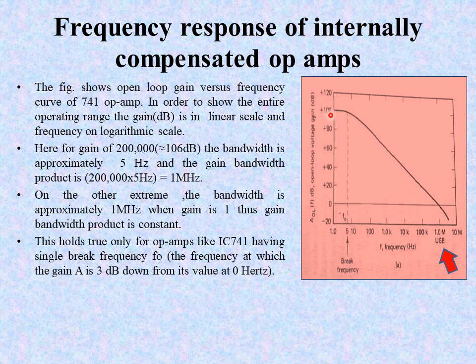This is 106, and at 5 hertz what is the value? It starts decreasing and it comes out to be 103. So it is 3 decibels down. So this frequency is known as the break frequency. And there are op-amps that have only one break frequency, like IC741, and there may be op-amps that have more than one break frequency. So this type of condition that we are seeing in the graph occurs only on those op-amps that have a single break frequency.